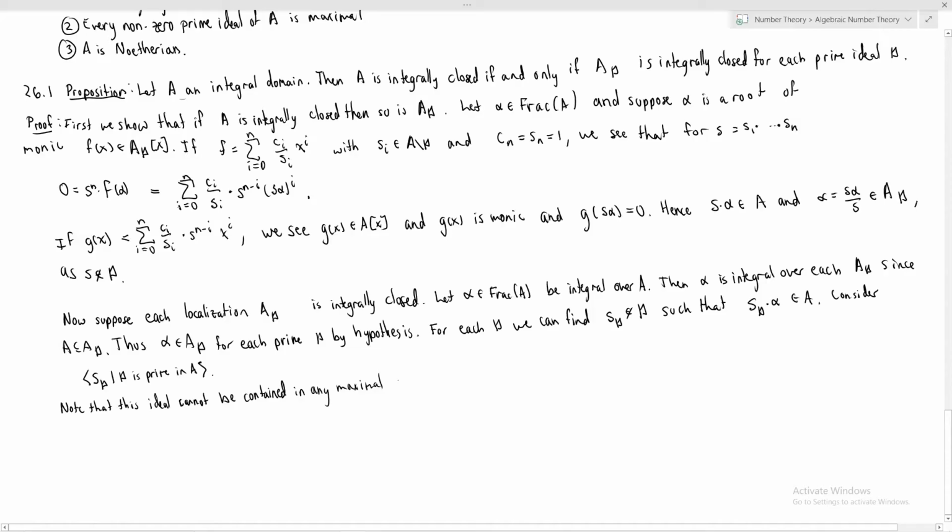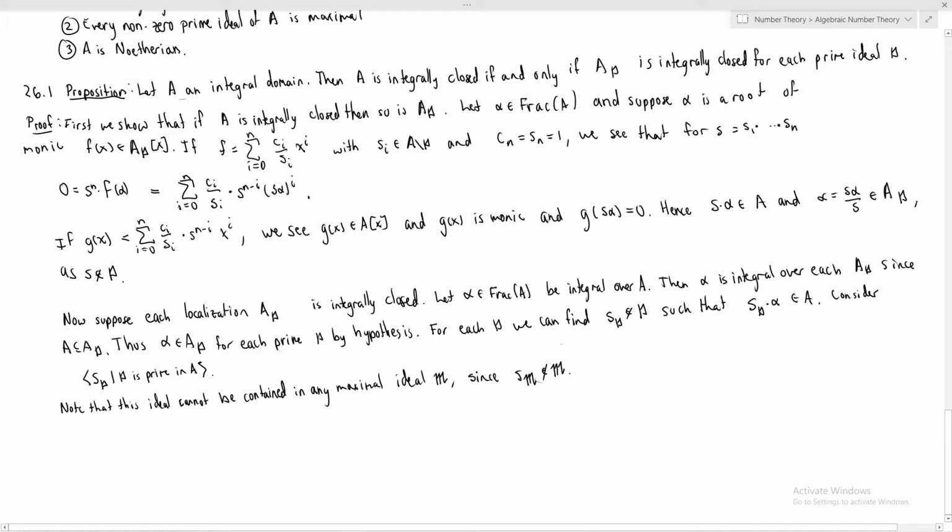Because, let's say M, by definition, basically, s sub M is not in M. And here I'm using the fact that every maximal ideal is necessarily one of these prime ideals as well. Maximal implies prime.